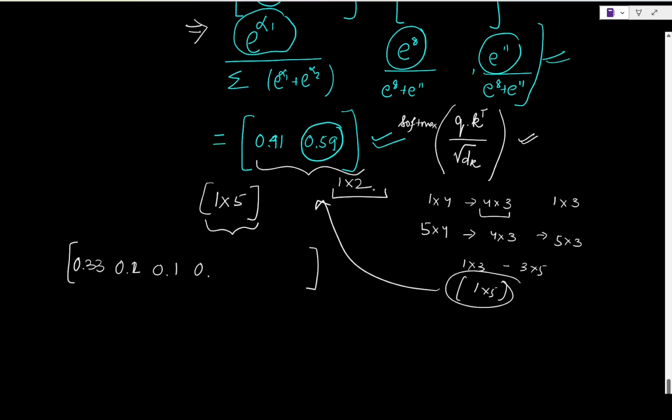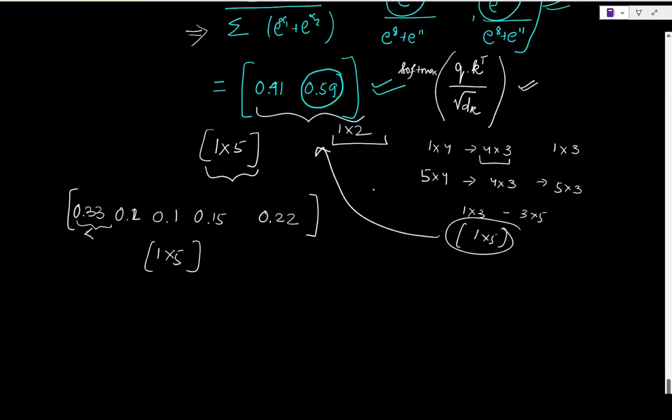Then again we have 0.15, let's say, and this sum has to be 1 because we are dividing by the same thing, that is the rule of softmax. So we get a probability distribution, the weights, and if I sum this up, this is 0.3, 0.45, 0.75, 0.78, so all that's remaining is 0.22. So let's say this is the 1 by 5 matrix that I got after the entire computation.